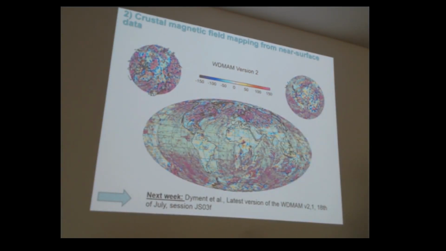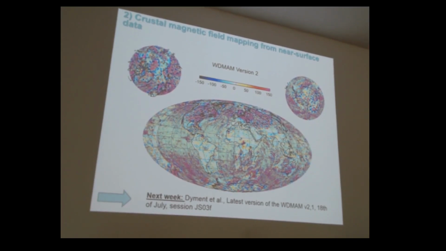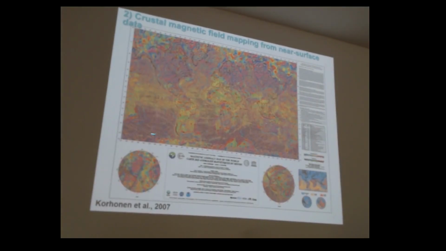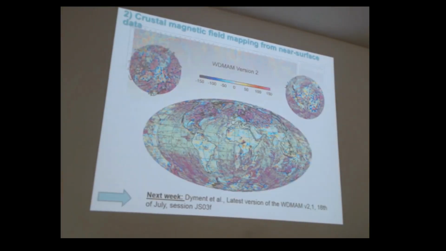So this is the version 2 of WDMAP, and we decided to get rid of this marine model, the normal model. So actually, you still see some strange things there and there, but it's not as strong as before.